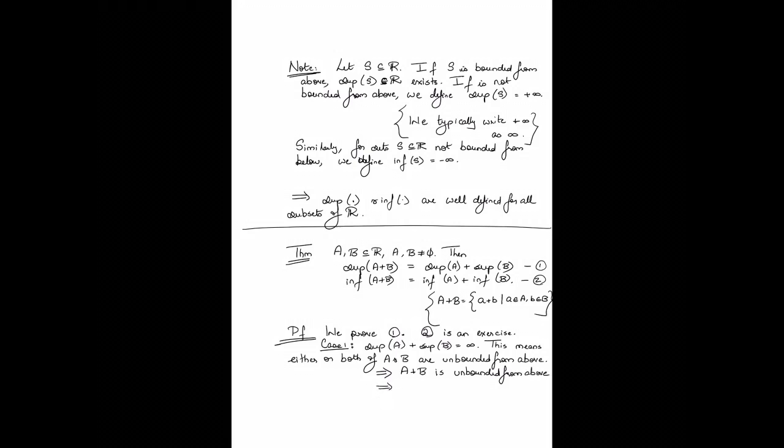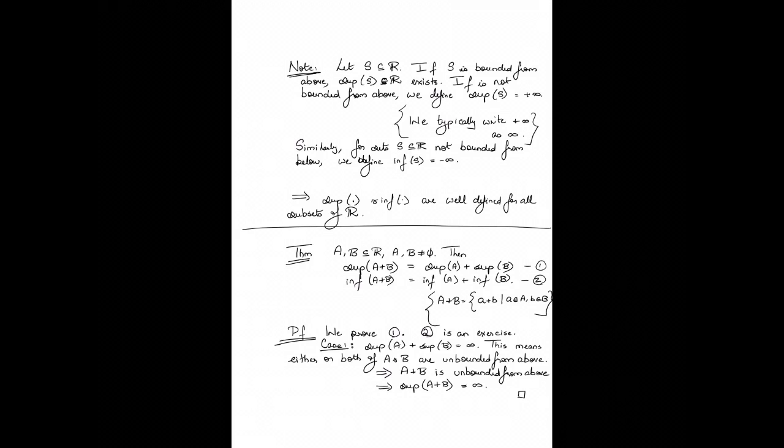Right? And if A plus B is unbounded from above, by definition, sup of A plus B equals infinity. And that completes the proof of case 1. So the easy case is handled, somewhat trivially, namely that if sup A plus sup B is infinity, then clearly sup of A plus B will in fact be sup A plus sup B.